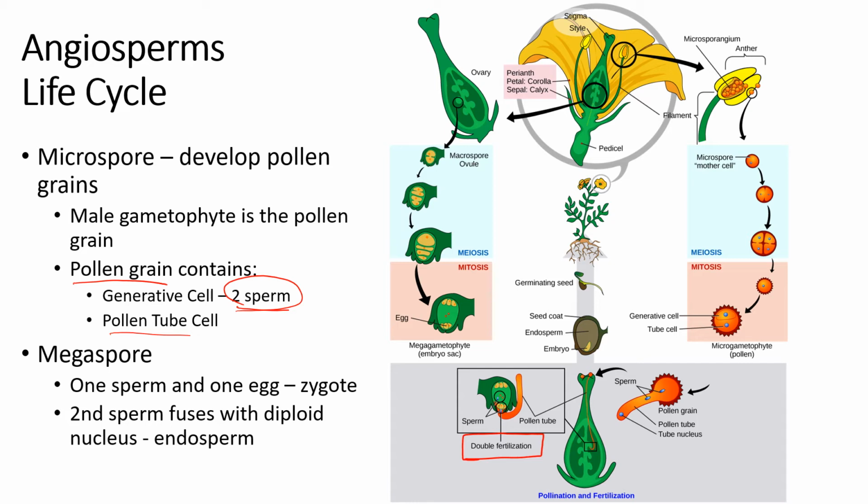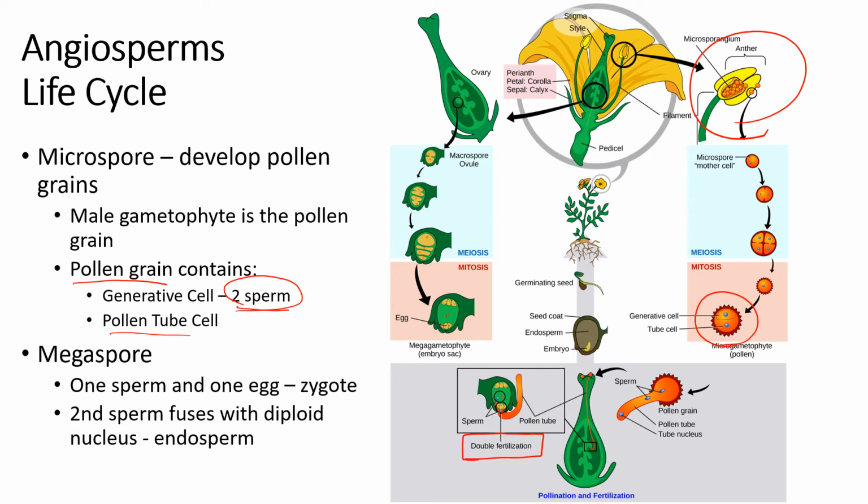Now let's just walk through. If we look over here at the male side, remember the anther is the male version where the pollen is produced. So we have the microspore there that is dividing, and it develops into a pollen grain that has a generative cell, which will become the two sperm, and a tube cell.